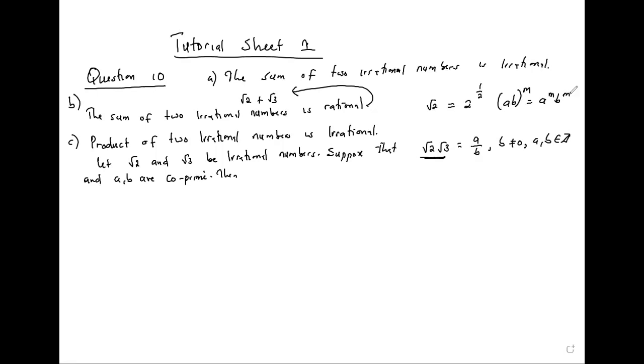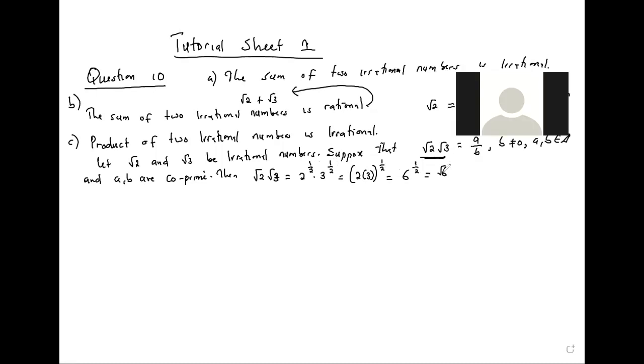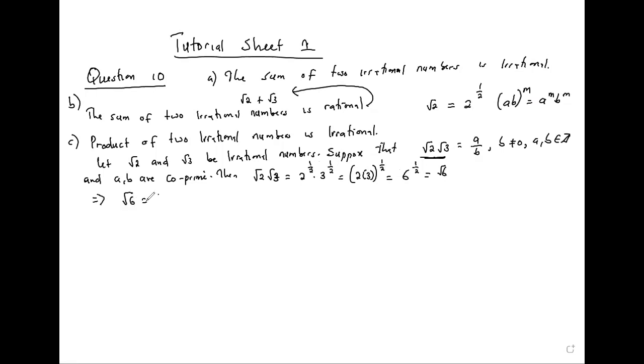So in the case of root 2 by root 3, this is the same as 2 to the half, 3 to the half. So it's the same as 2 by 3 to the power half, which is 6 to the power half, which is root 6. So this will mean that root 6 is equal to a over b.